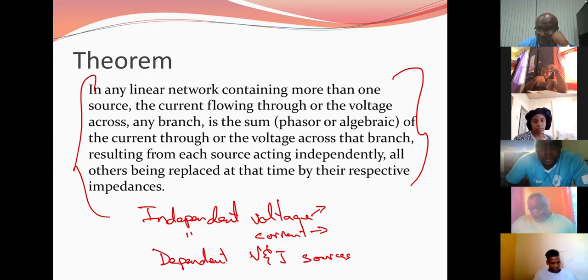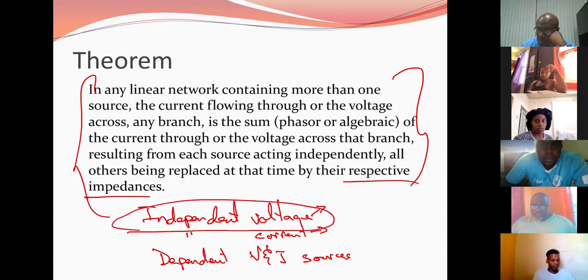Fair enough? Now, in the superposition theorem, it tells you down here that sources are represented or replaced by their respective impedances. So up front, I'm telling you that for a voltage source, the internal impedance is 0.